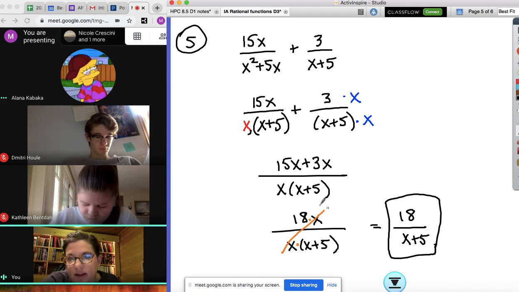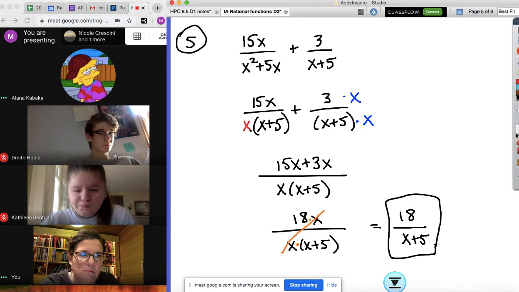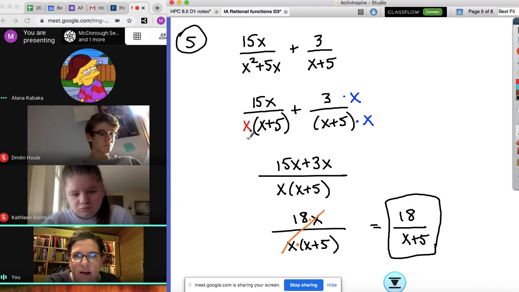So I typically factor anything that's common out, like we did this x here. It looks like there's a comma. It's not a comma. I was kind of gonna circle it, but I'll erase that. So if you take out a common factor, in the end, it sometimes will cancel.